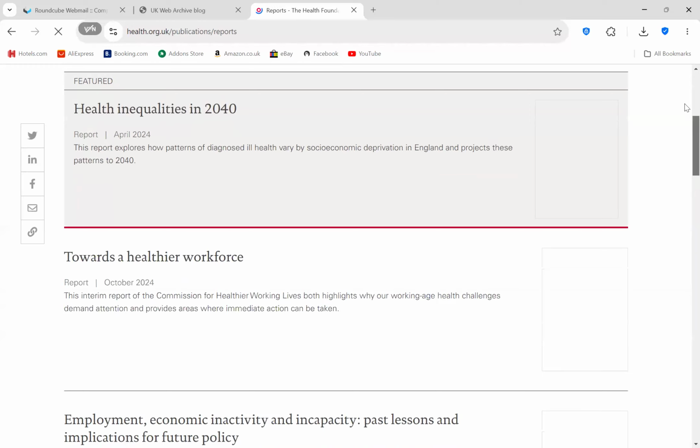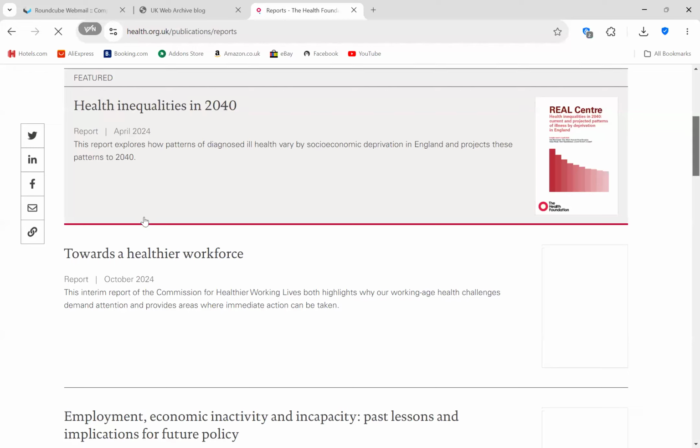on health inequalities in 2040. So basically, this is secondary research. You would want a report from here.